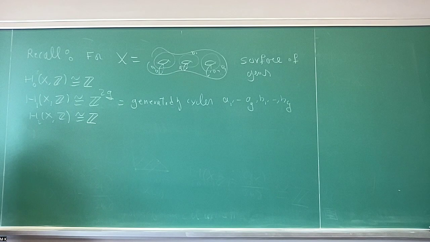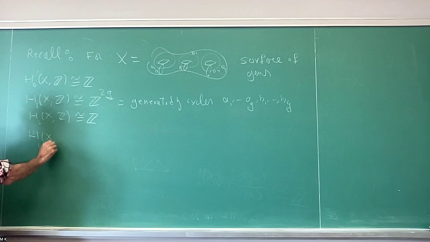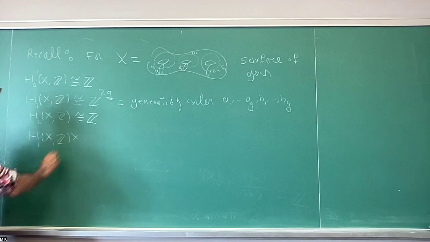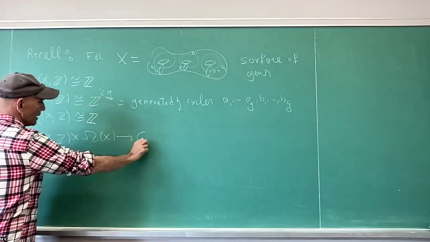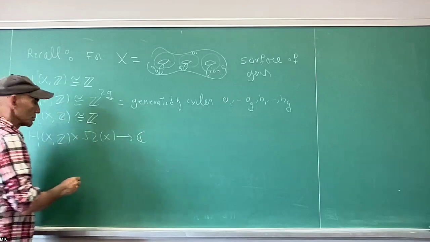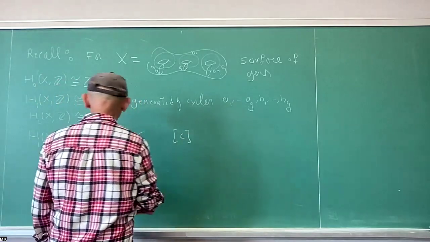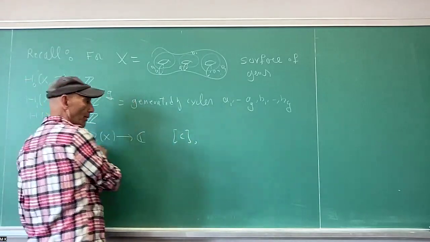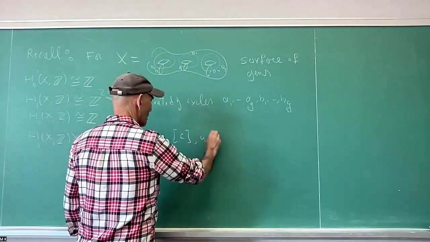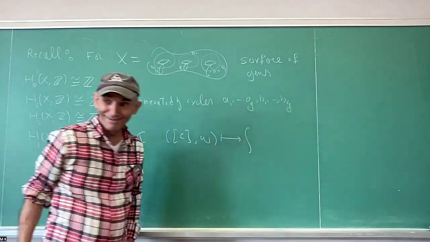Okay, so as I said, now we want to define this pairing from H1 of X, Z plus Omega of X to C. This is basically integration. If you have a homology class C and a holomorphic one form omega, you map it to the integral over C of omega.